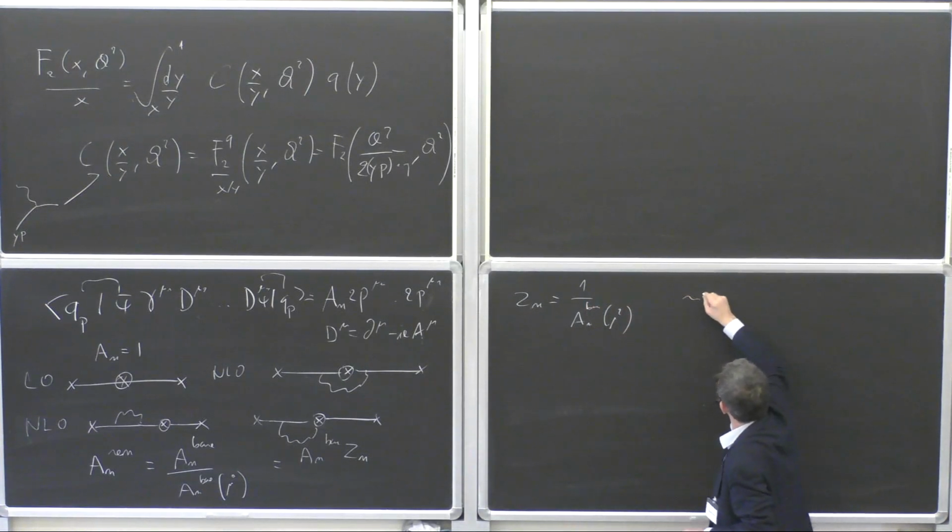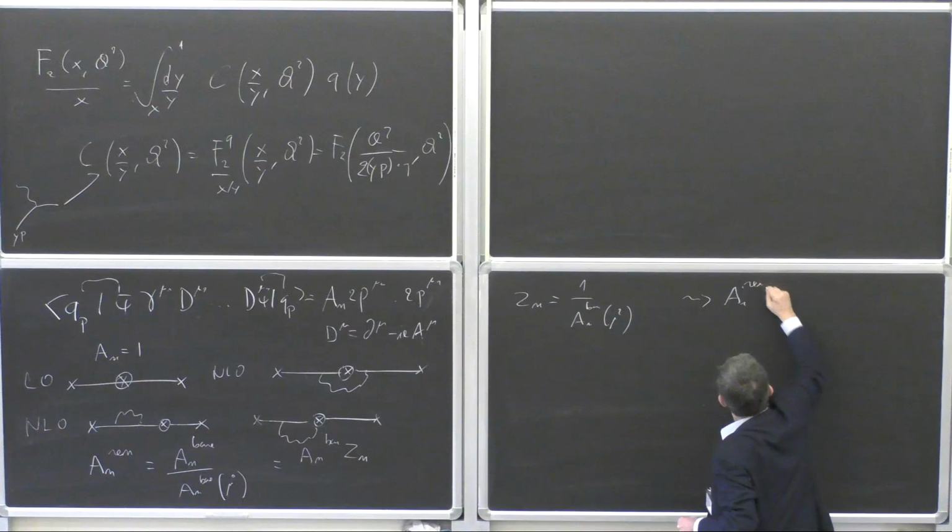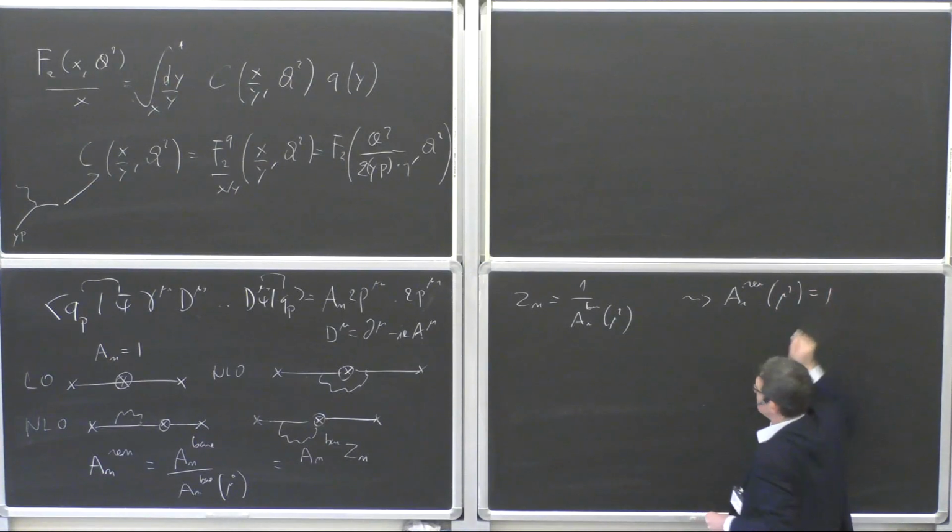And then what this means is that A_n renormalized at the scale mu squared is equal to 1.